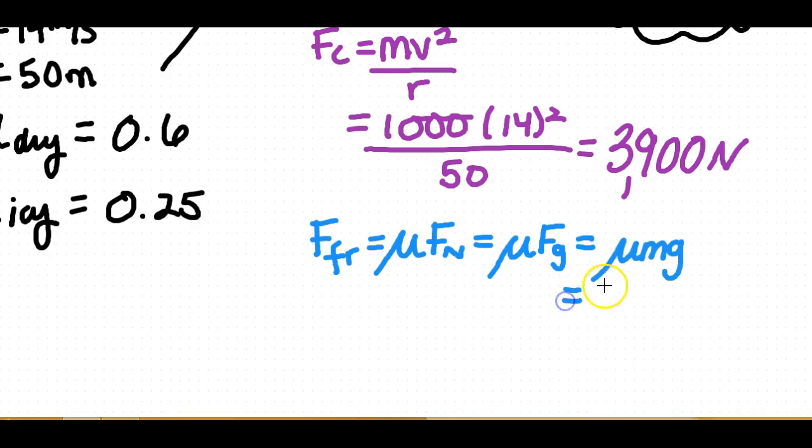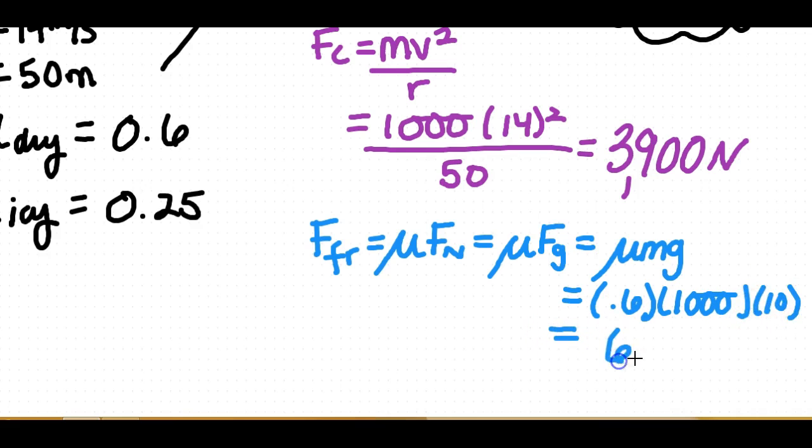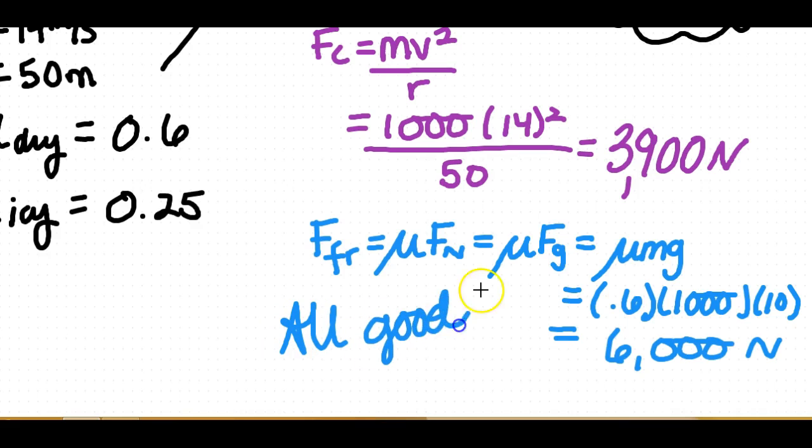So that means that for the dry surface, we're going to have 0.6 multiplied by 1,000, and then multiplied by 10 for gravity. So we are going to get a force of friction on this dry surface of 6,000 newtons. We only need 3,900. So that means on the dry surface, we are all good and we can make that turn on the dry surface.